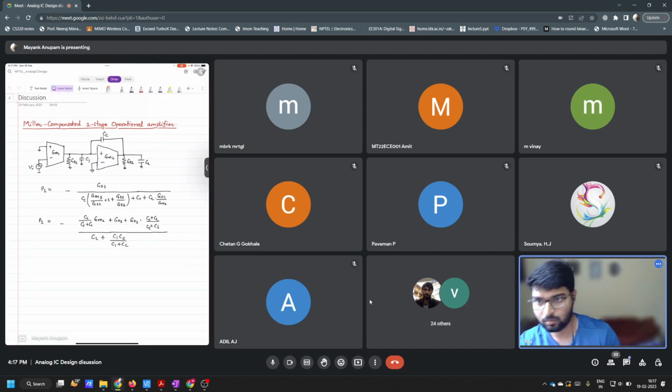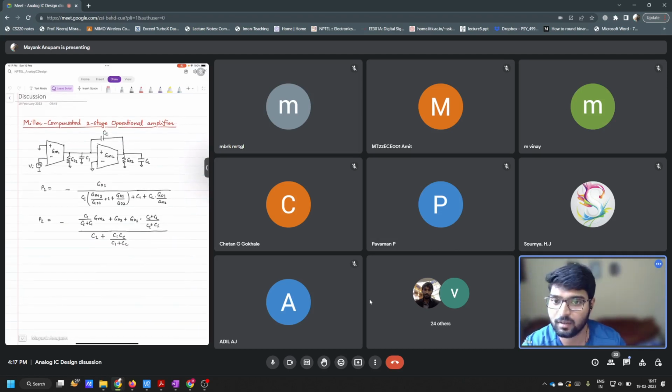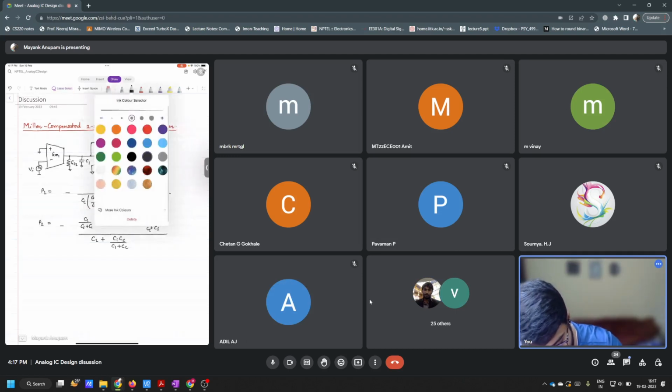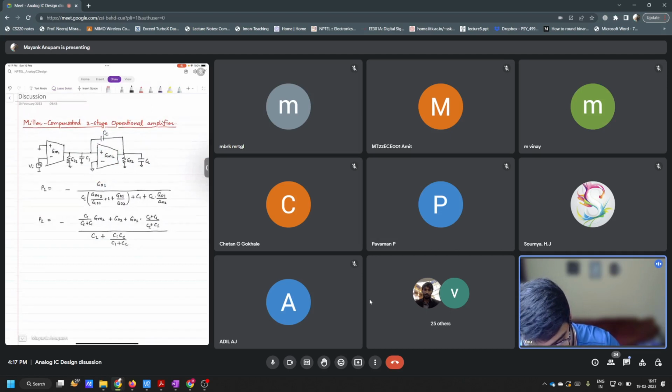So this week we learnt about two-stage operational amplifiers. In week 4 we learnt about the two-stage Miller-compensated operational amplifier. I'll just quickly summarize what was taught this week. This is basically the amplifier here, right?